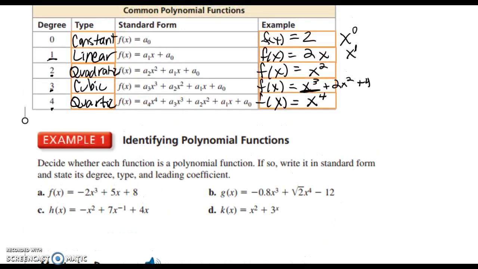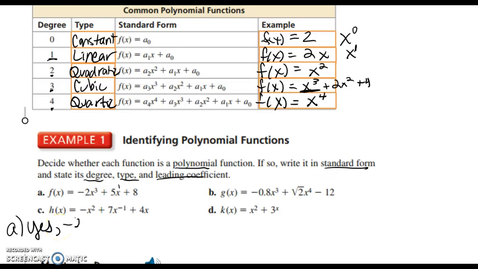Let's look at example 1. In example 1, we want to identify if it is a polynomial function, and if so, write it in standard form. Tell me the degree, the type, and the leading coefficient. Looking at A, all the exponents are integer exponents, an exponent of 3, an exponent of 1, so that means yes, it is a polynomial function. To put it in order, you want to put it from highest power to the smallest power.